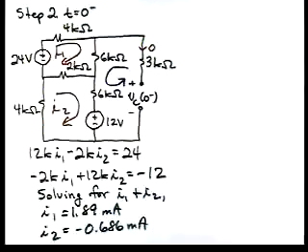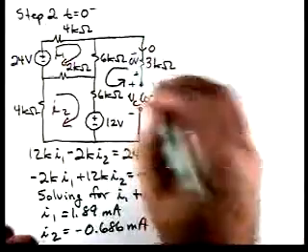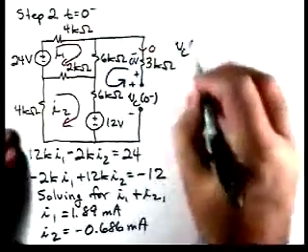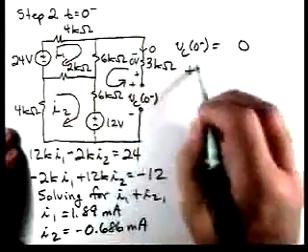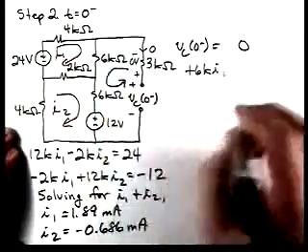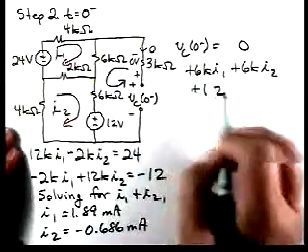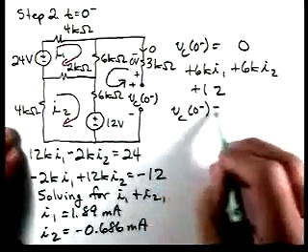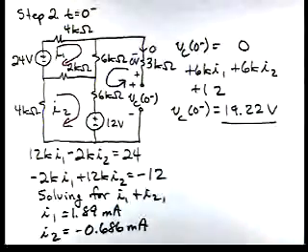If we start off, we know the voltage here is going to be 0. So we'll have VC0 minus is equal to 0 coming around, we have 6K I1, that's the voltage here, plus 6K times I2 plus 12. And if we plug in the values for I1 and I2, we get VC0 minus is 19.22 volts.